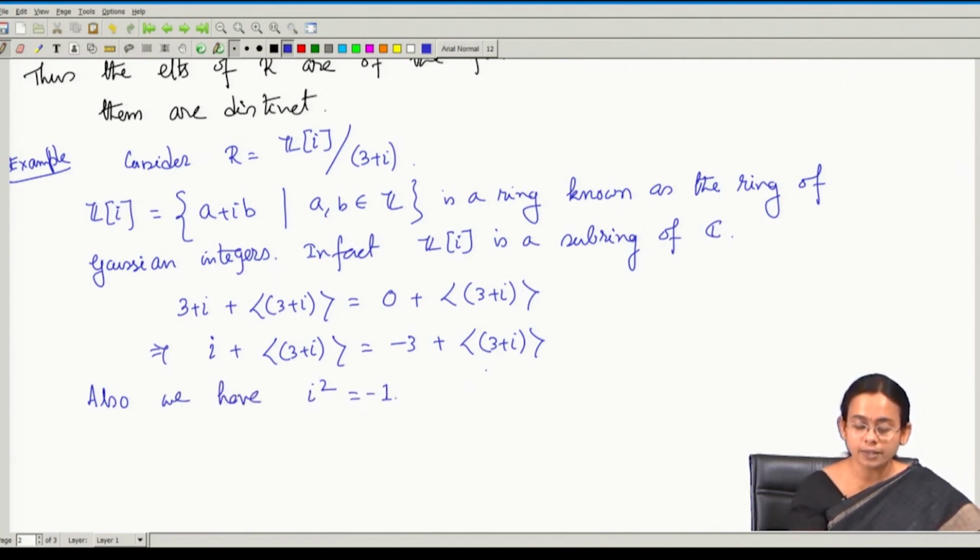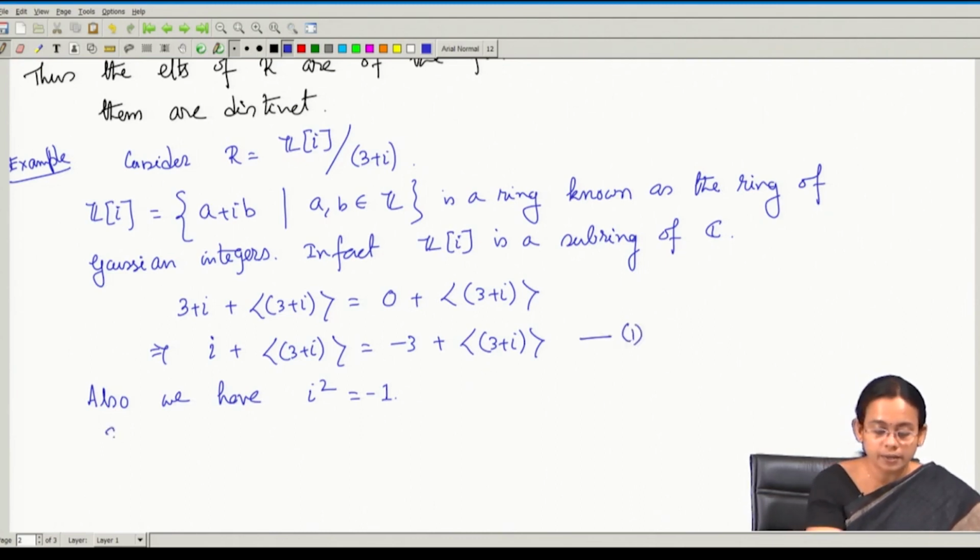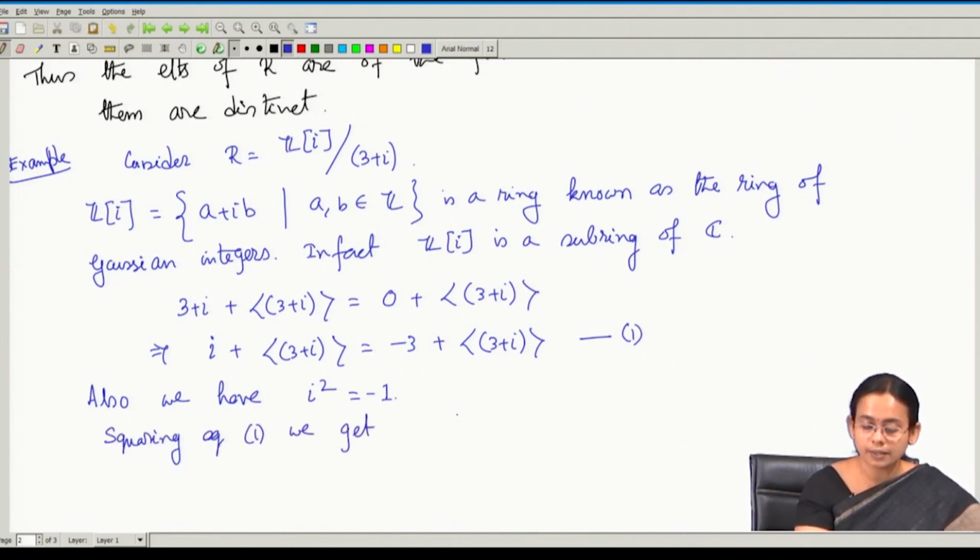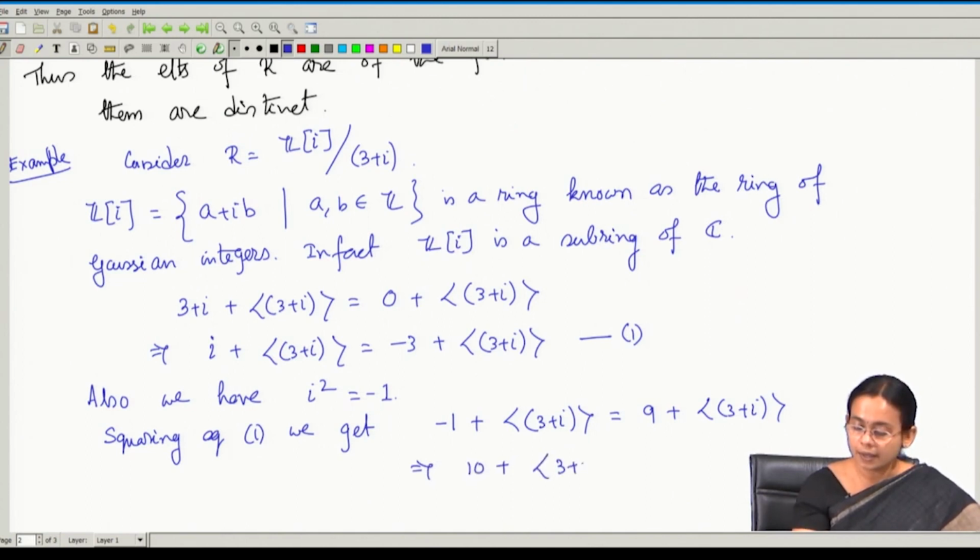So, if I square this previous equation, squaring equation 1, we get that the coset corresponding to minus 1 is the same as the coset corresponding to 9. This implies that the element corresponding to 10 in the quotient is the same as the 0 element.